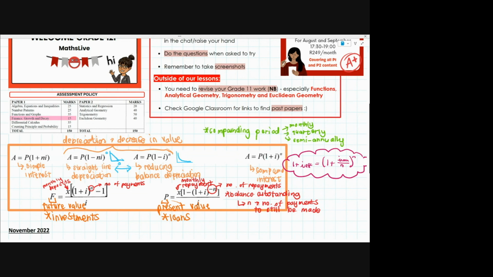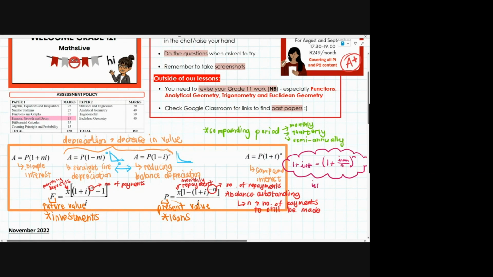Your effective interest rate will always be slightly more than your nominal, because if you think about it, say for example you get interest payments 12 times in a year versus 1 time in a year, that one payment needs to accommodate for all 12 of your monthly repayments. So if your effective interest rate must match your nominal, the effective will always be slightly higher than the nominal to accommodate for the fact that nominal means more payments.